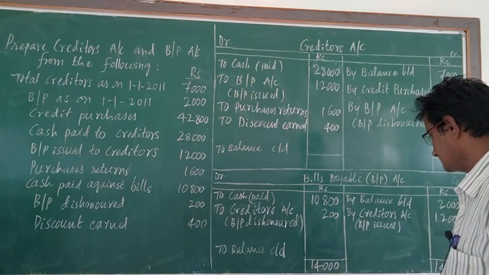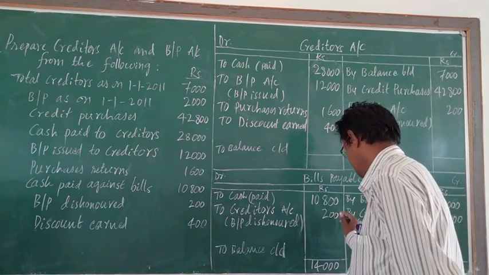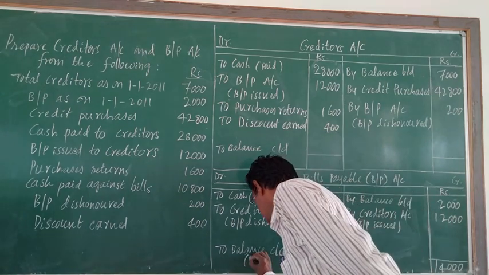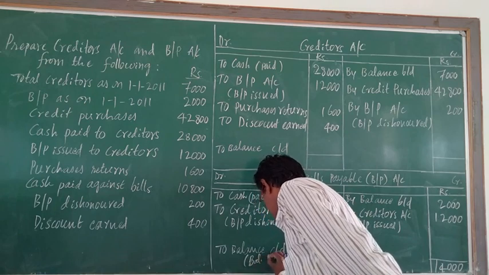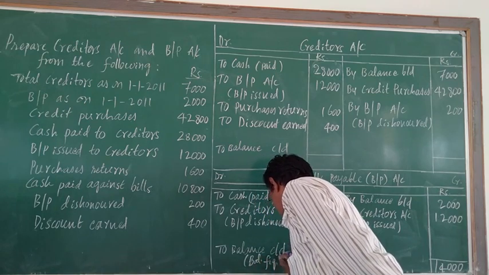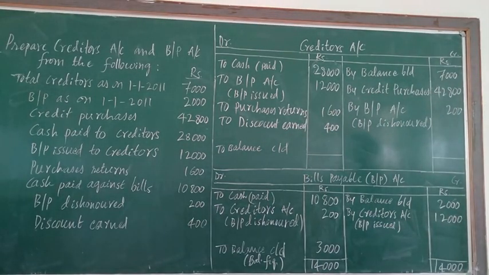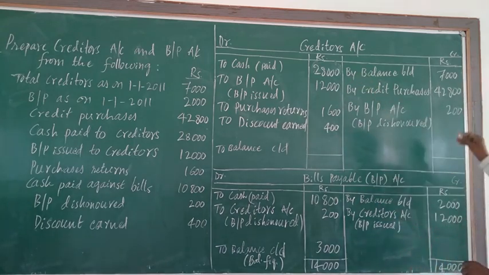The difference here is 3,000. 3,000 is the balancing figure and it is the closing balance of bills payable account. Next, we have to close the creditors account and ascertain the closing balance of creditors. The total on the credit side is more.